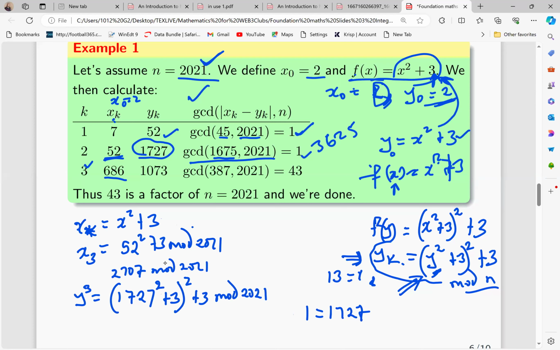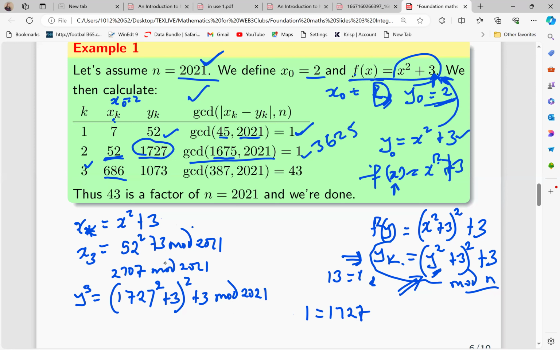Sometimes you'll discover that this one is very huge when you raise it to 2. So just reduce it first. Reduce it first, then add 3 to it. Still the same thing. What you're interested in is the remainder. So I can work out this one first, reduce it, then add 3 to it, then square the result. Let me just do that.